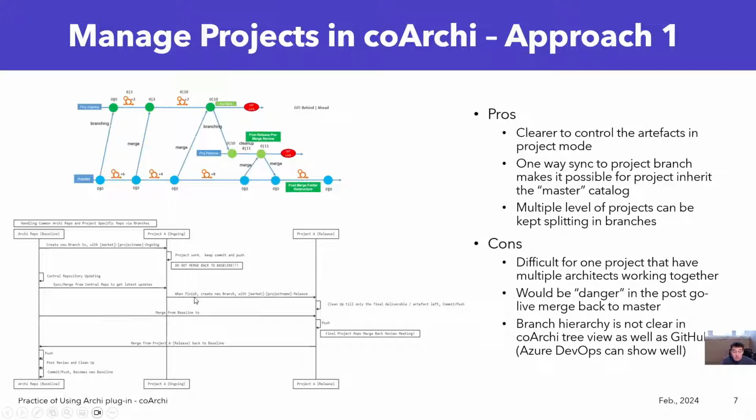When finished, we create this new branch with market, project name, release, following our naming schema, and clean up those unnecessary elements or views in these final deliverables. Some temporary artifacts in the ongoing branch you can leave on that branch, but in the release branch we need some cleanup.